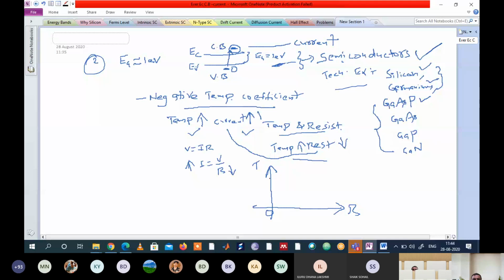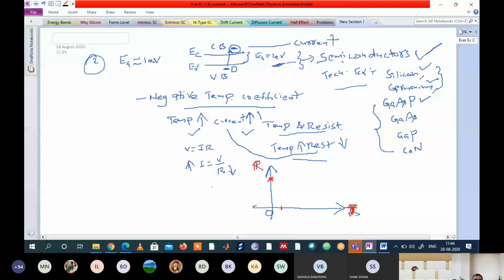Now, temperature is increasing. I have increased the temperature a certain amount. What about resistance? It decreases. Sorry, take this one as resistance and this one as temperature. Now, if temperature is zero, resistance is maximum.